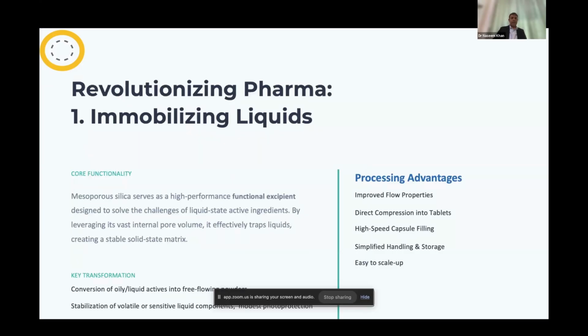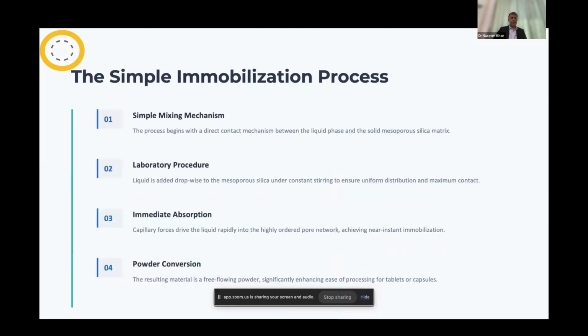This is the revolution in pharma, the liquid part that we are converting into powder form. This is the core function we have just discussed.